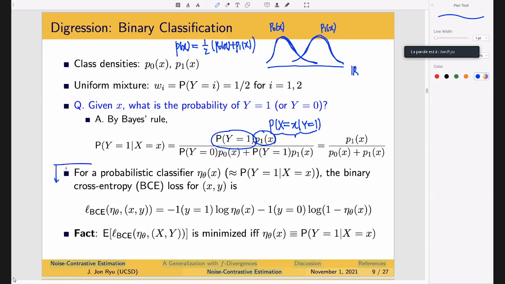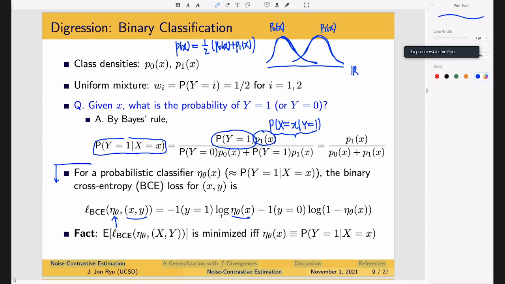Now it comes to the binary classification problem. Let's suppose that we consider a probabilistic classifier eta theta x, which is supposed to approximate this probability of y being 1 given x equals x. The typical objective in binary classification is the binary cross entropy loss, which is defined, given eta theta and a sample instance, as minus the indicator of y being 1 times log eta theta x, minus the indicator of y being 0 times log of 1 minus eta theta x.